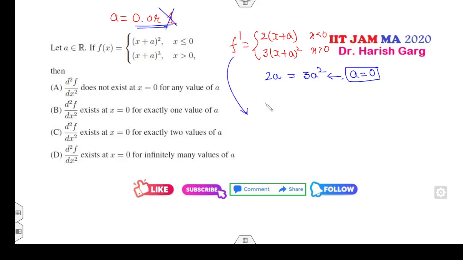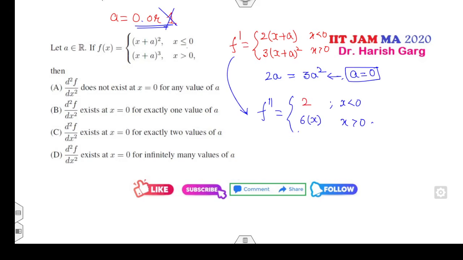Now you can find the f double dash. F double dash will be 2 and 6 into x plus a. A will be 0, for x less than 0 and x greater than 0. Now at the point 0, that is the existence. No, sorry, it's not 2x, it's just 2.